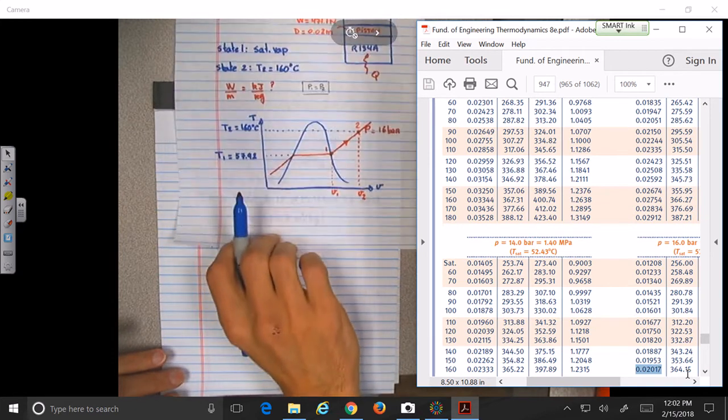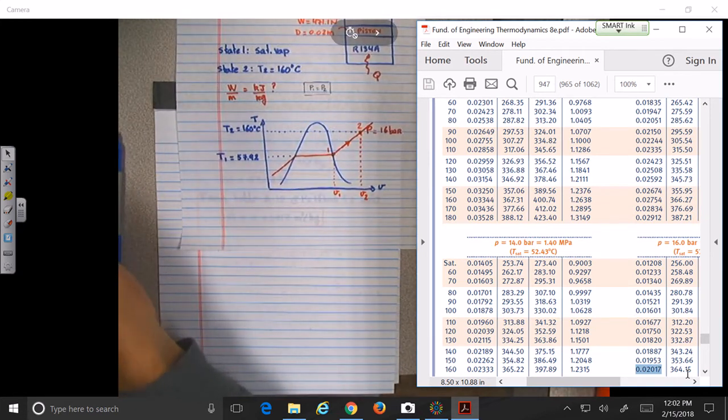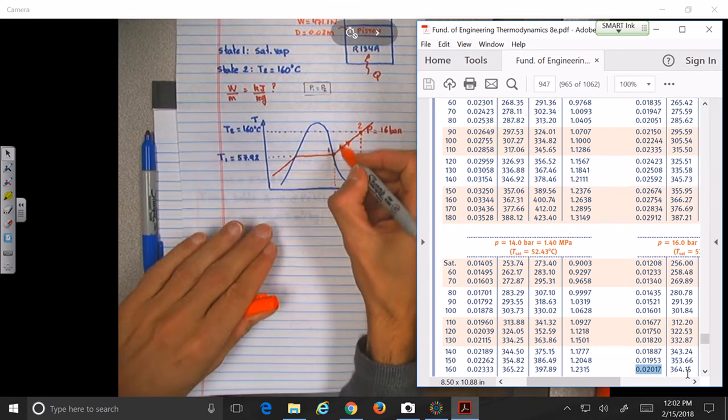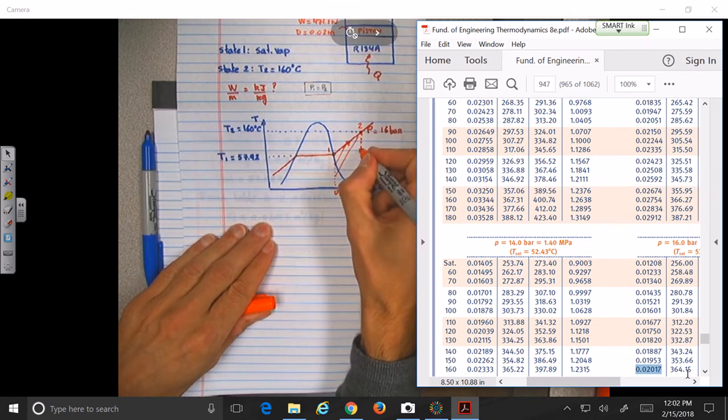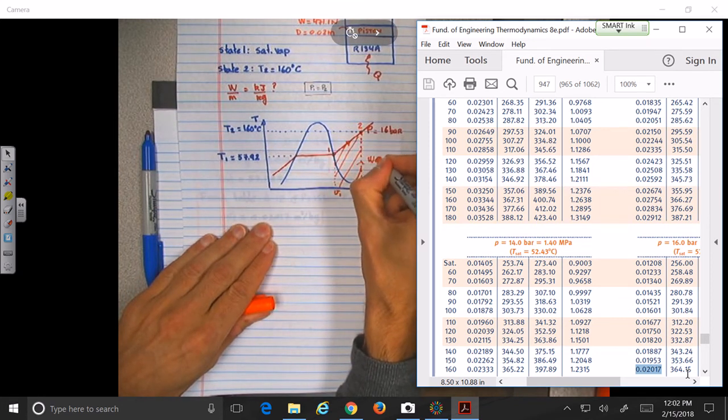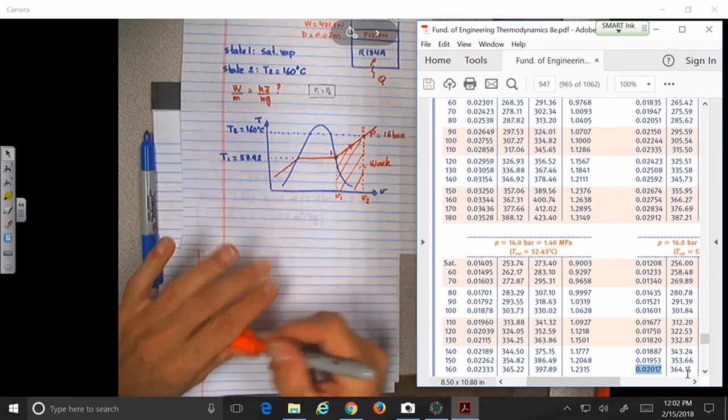Okay, so now, you don't need to do this, but if you needed to find the work graphically, it will be equal to what? The area between those two points, no?